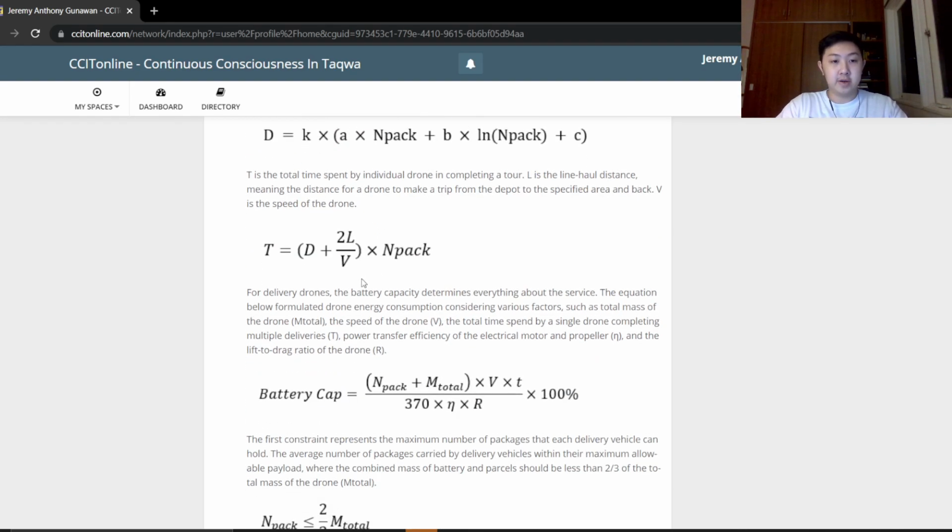After that, we can find T, which is the total time spent by an individual drone completing a tour: D plus 2L, divided by V, times the number of packages.